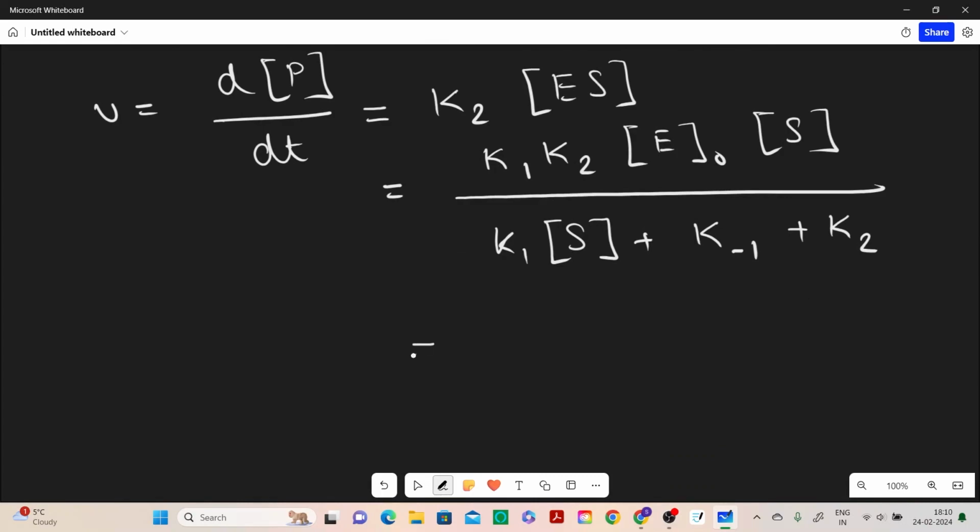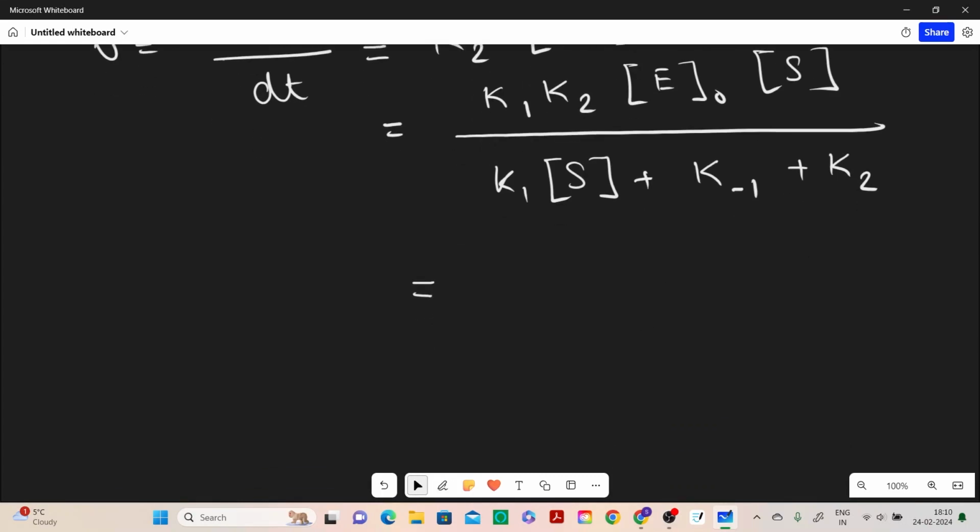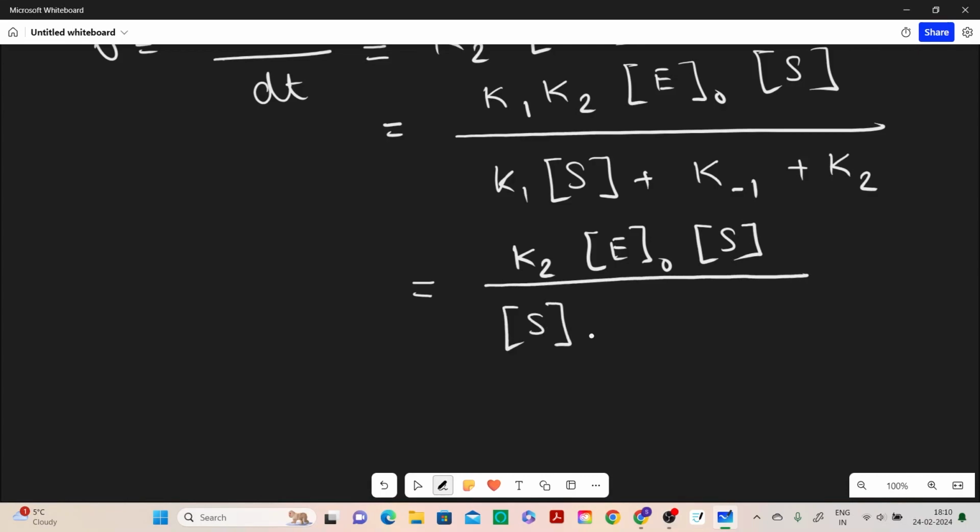Now we will divide the numerator and the denominator by K1, which gives us K2 into E naught into S divided by S plus, we'll put a bracket here, K minus 1 plus K2 divided by K1.